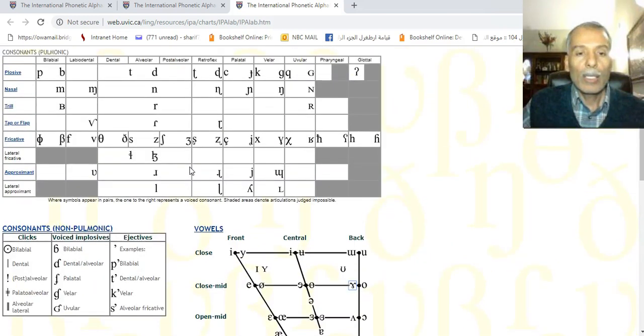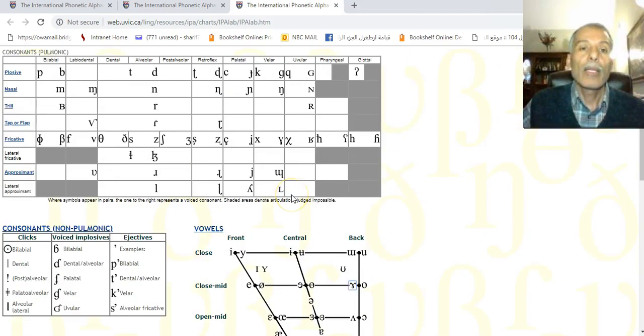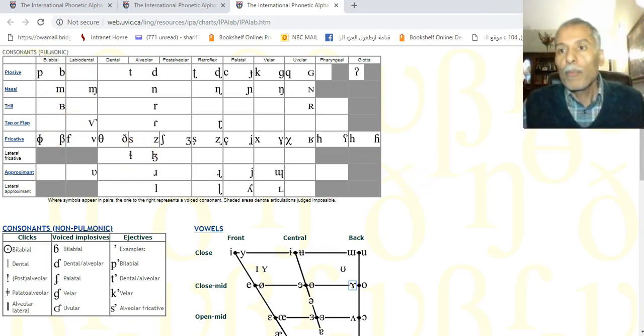And when we study the consonants and vowels, we are going to spend one whole chapter, several, at least a couple of weeks, or maybe 3 weeks, focusing on this chart here, all the vowels, but not all of them. We just study the ones in the English language. And then here, we're going to spend also a long time looking at this chart, but we are only going to focus on the consonants of the English language.